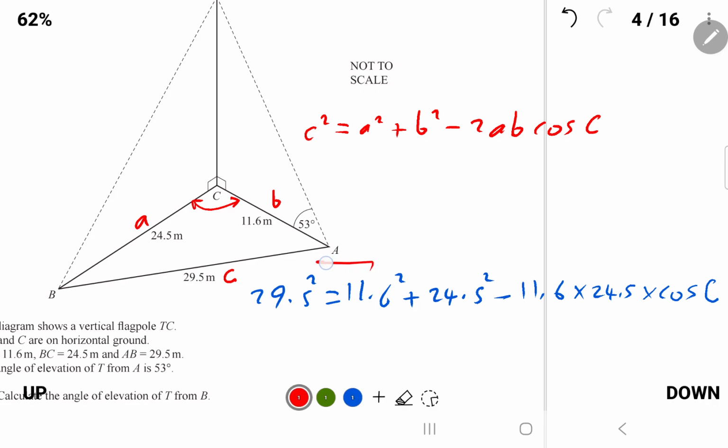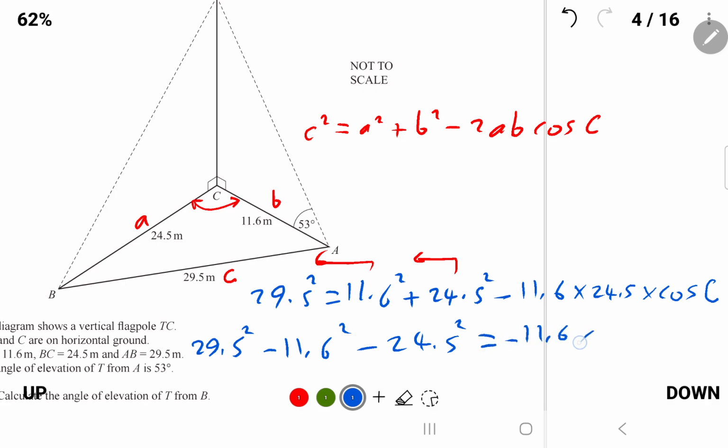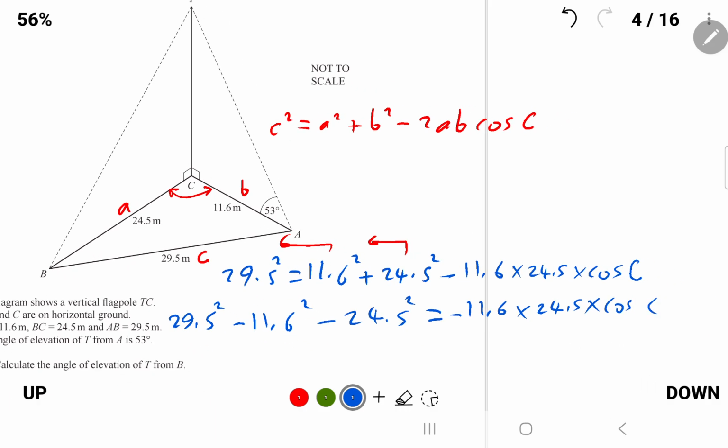So let's take these two numbers to the left hand side of the equation and see what we get. 29.5 squared minus 11.6 squared minus 24.5 squared is equal to negative 2 times 11.6 times 24.5 times cosine C.